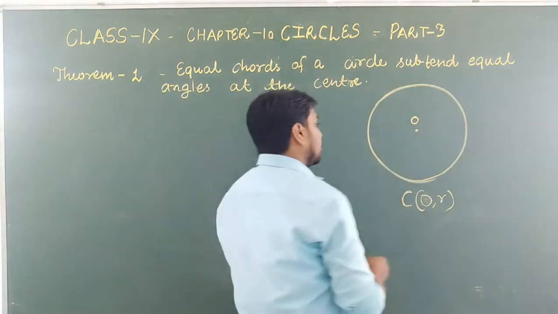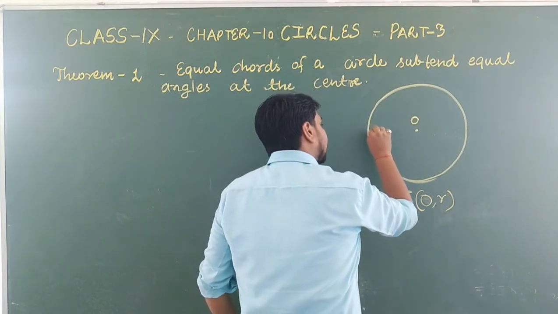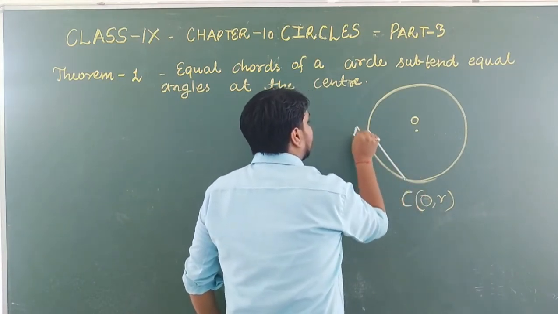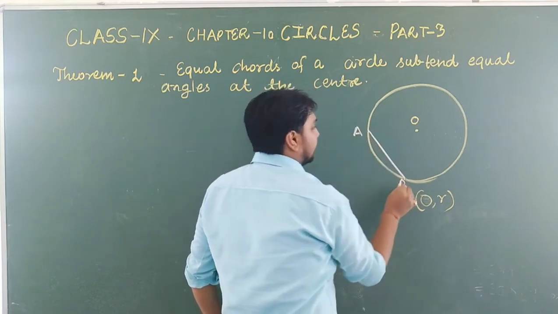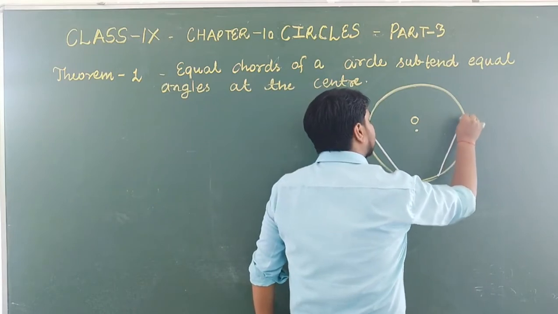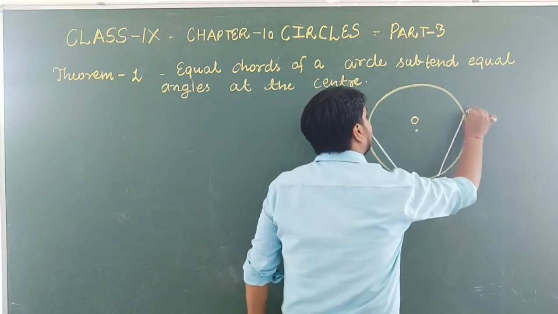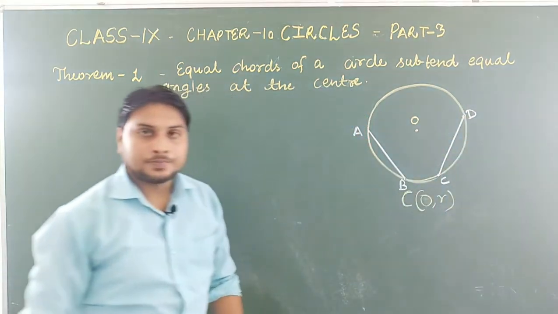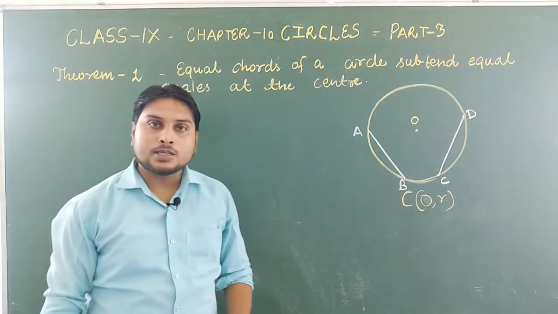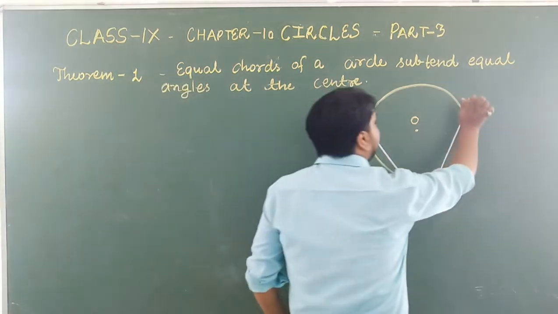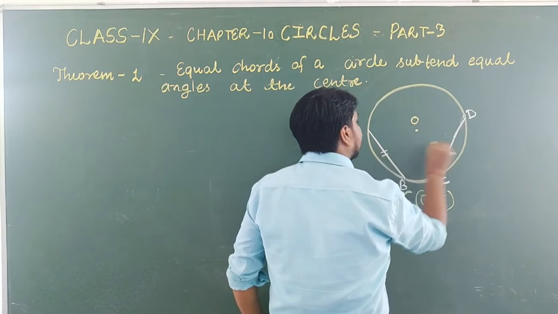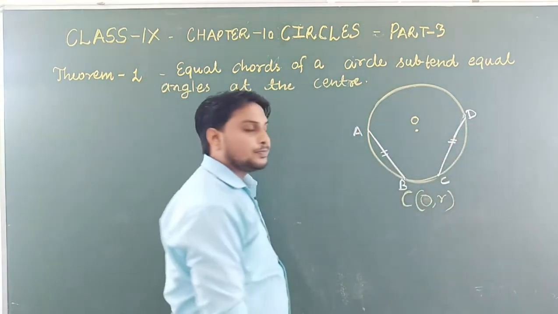In this circle, two chords are there. Suppose one chord is AB and the other chord is CD. According to the theorem, the lengths of these chords are equal, means AB is equal to CD.